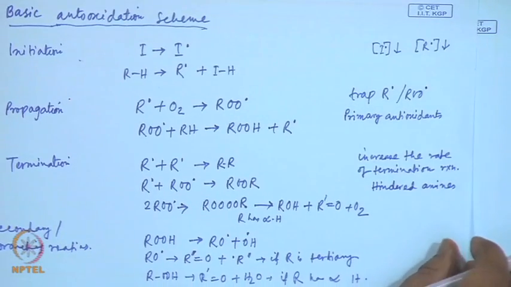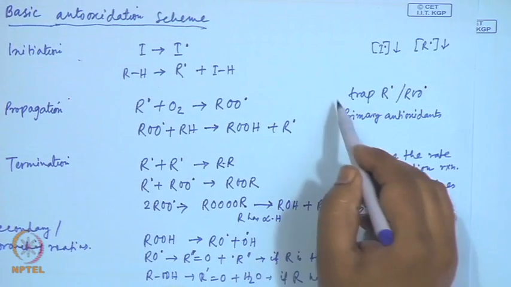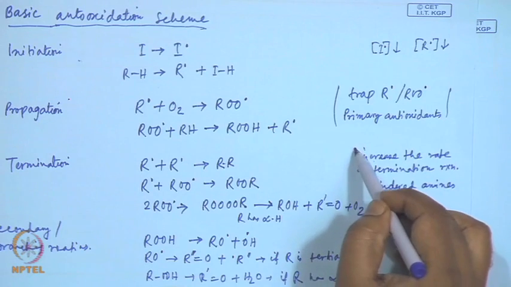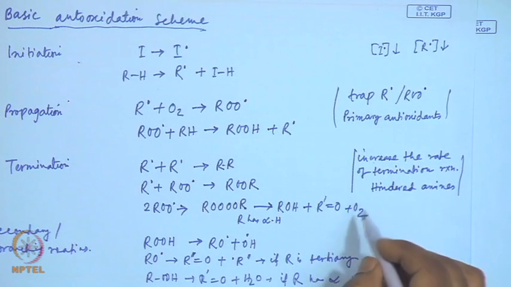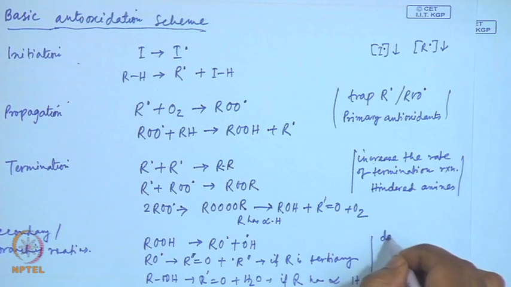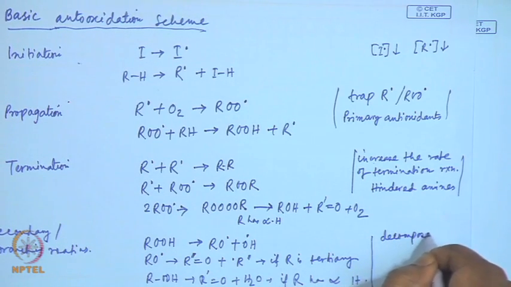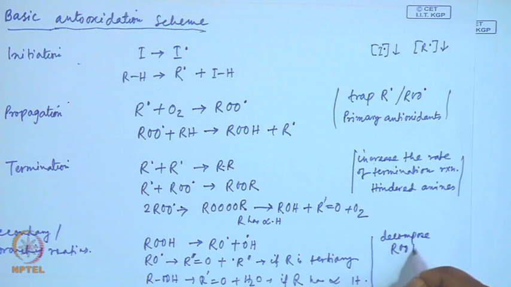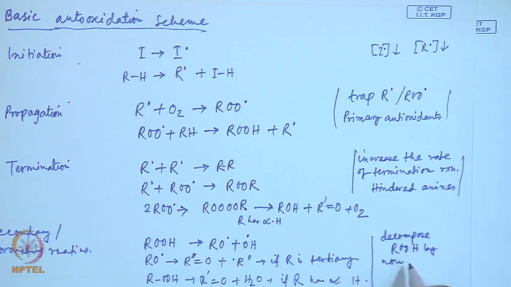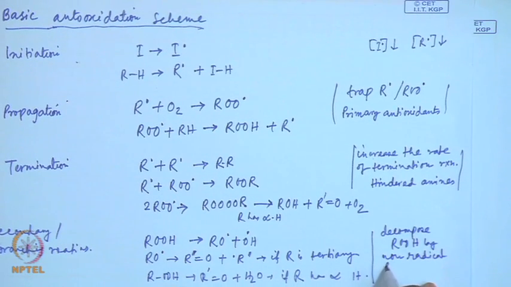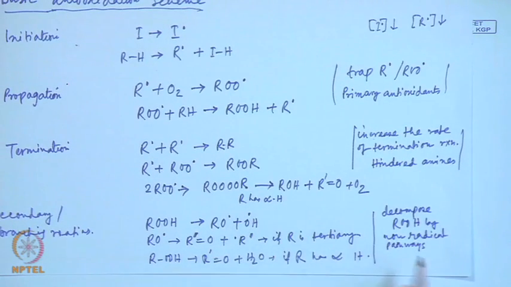And we can also decompose this hydroperoxide, to stop this step, by non-radical pathways, okay. And this is typically done by use of secondary antioxidants.